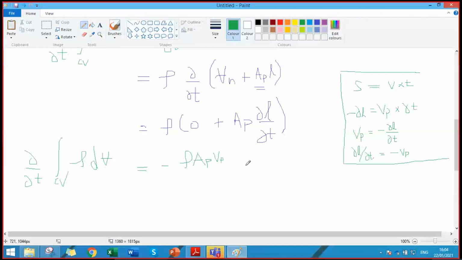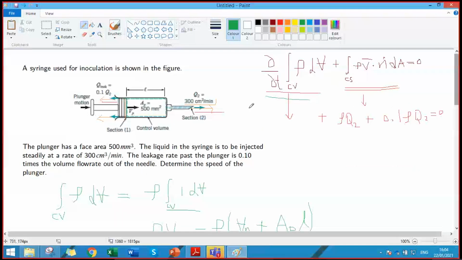Yes, sir. So we have simplified the first part here. Also, we can write minus rho AP into vp plus rho Q2 plus 0.1 rho Q2.